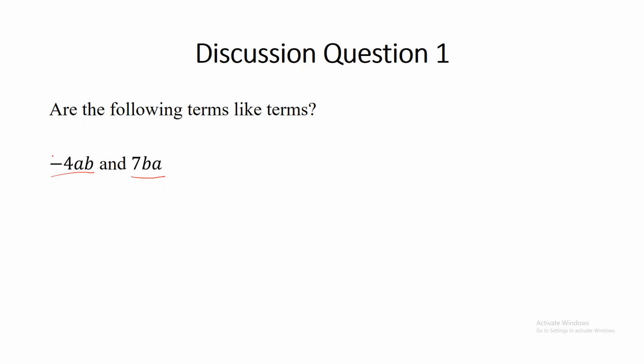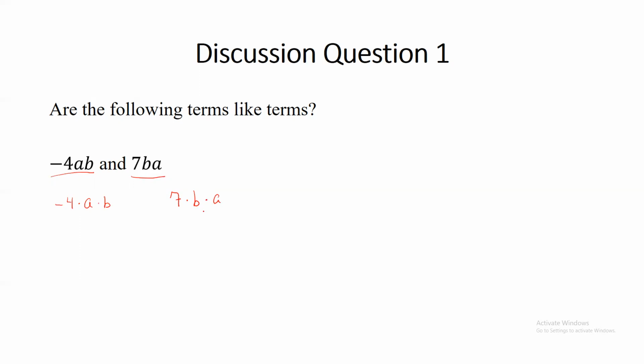What does -4AB really mean? Well, it means -4 is going to be multiplied by A and then multiplied by B. What does 7BA mean? Well, it's 7 times B times A. Now, does it matter what order I write my A and B?